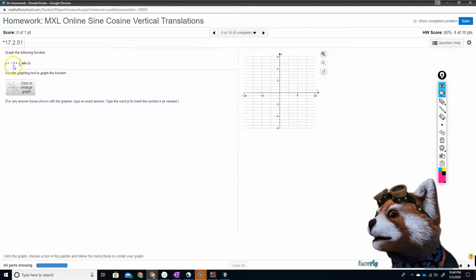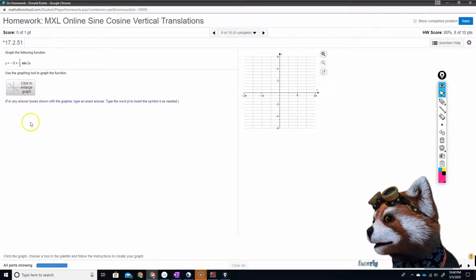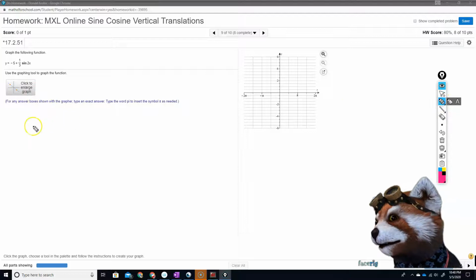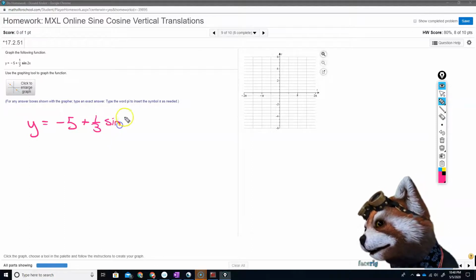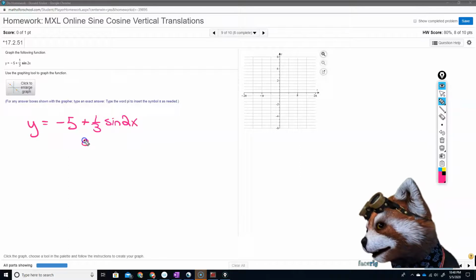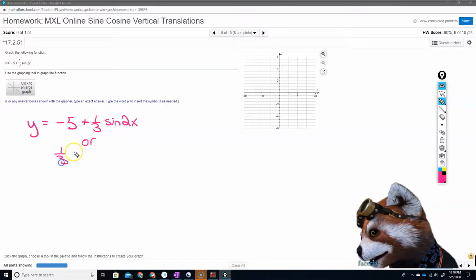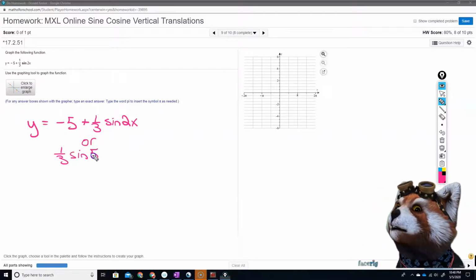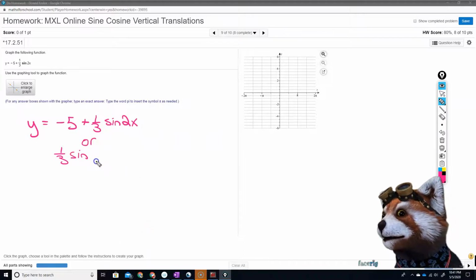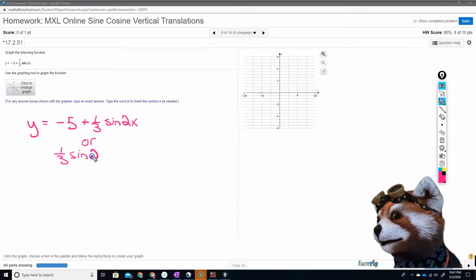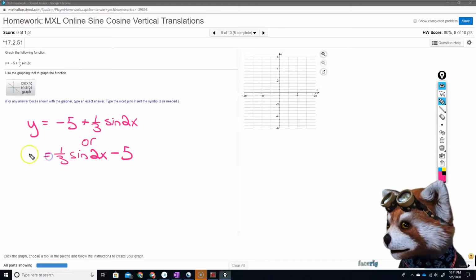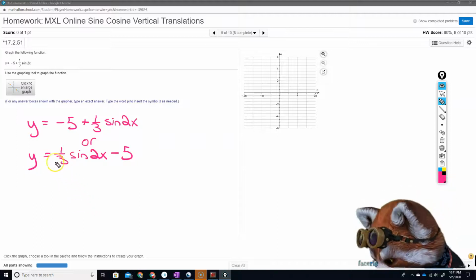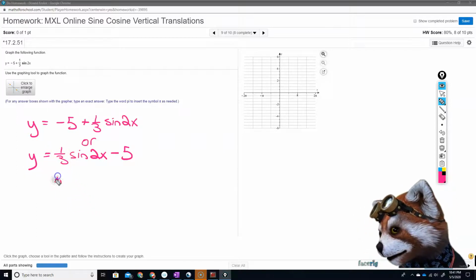Okay, let's see. We've got negative 5 plus 1/3 sine 2x. So I can write it like that, or 1/3 sine 2x minus 5. Either way. All right, so we've got an amplitude of 1/3.